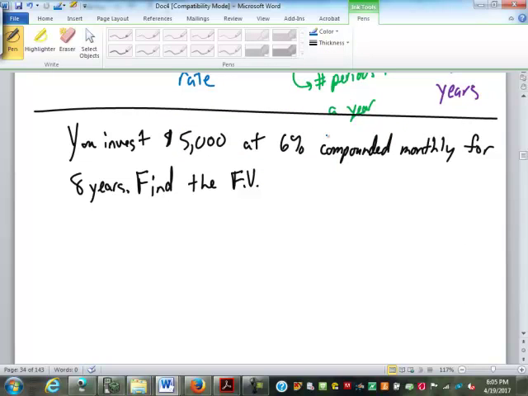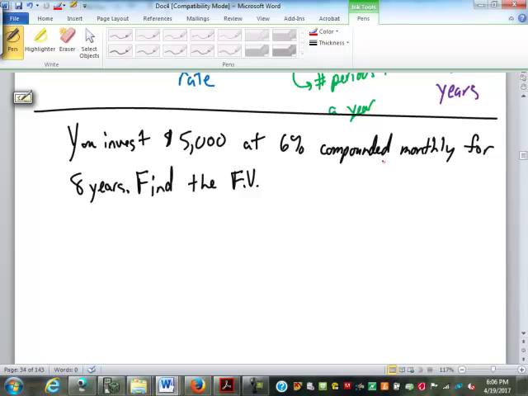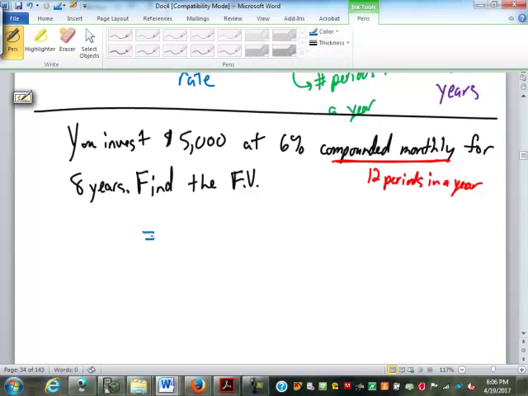Things we need to identify. How many periods are going to be in a year? Perfect. Compounded monthly indicates 12 periods in a year. So we're finding that future value.